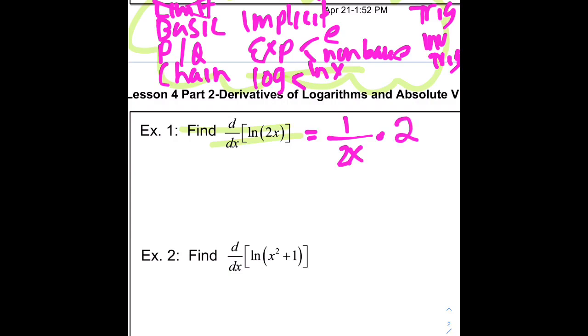And when we simplify, we end up with 2 over 2x, which gives us a final answer of 1 over x. So notice that coefficient of 2 really did not affect our final derivative.